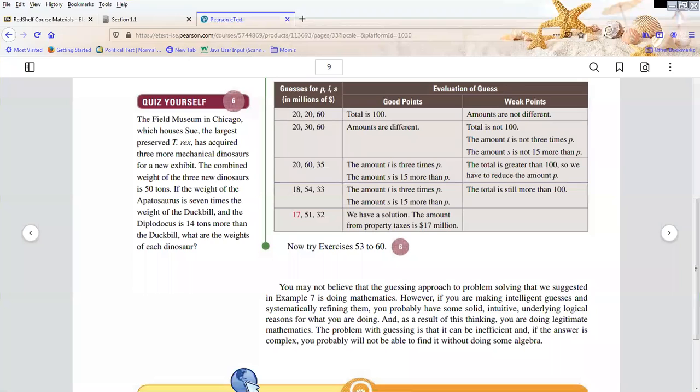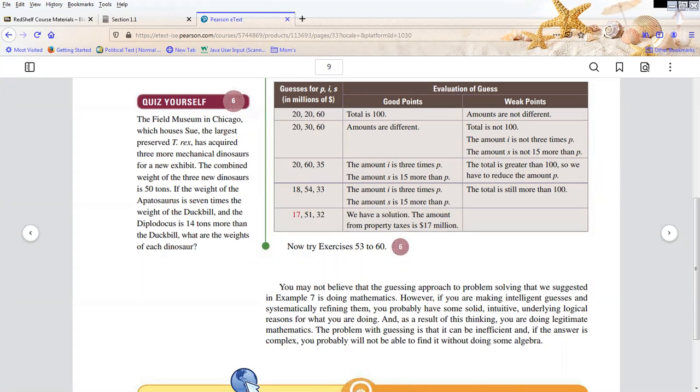In Quiz Yourself 6, the Field Museum in Chicago, which houses Sue, the largest preserved T-Rex, has acquired 3 more mechanical dinosaurs for a new exhibit. The combined weight of 3 new dinosaurs is 50 tons.